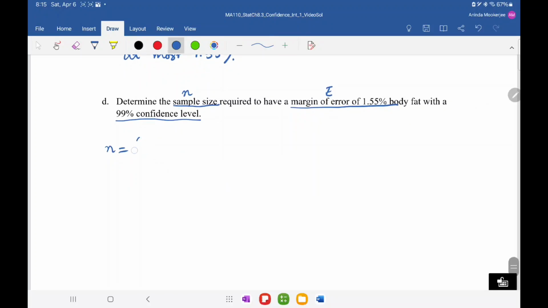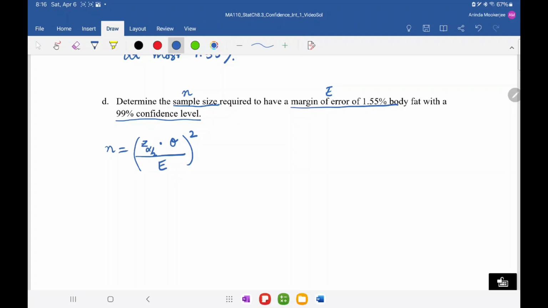It's Z of alpha by 2 times sigma divided by E whole squared. All right. So this is the formula for n, and this is also available in your respective formula sheets. You can look that up under the formula for this particular chapter on confidence intervals.